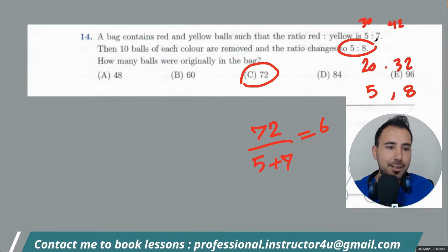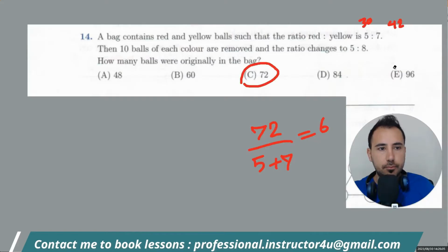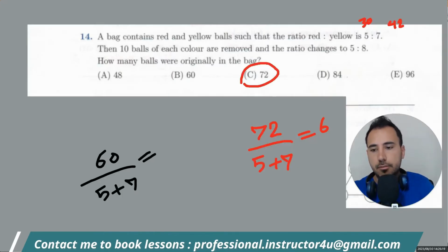If I was not lucky like this time, I would go with 84, or I'd go with 60. Then we'd find it. So let's do it with 60 and see why 60 is not the right answer, but 72 is. If we had originally 60, then 60 over 5 plus 7 would be 5.